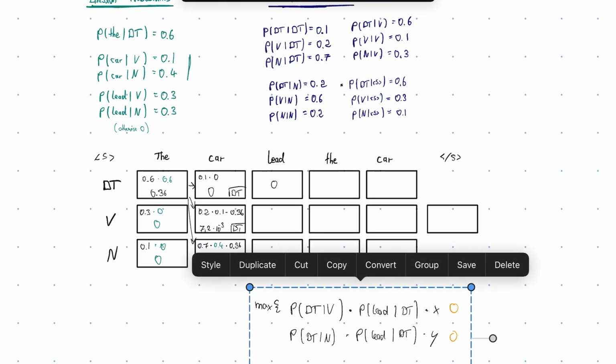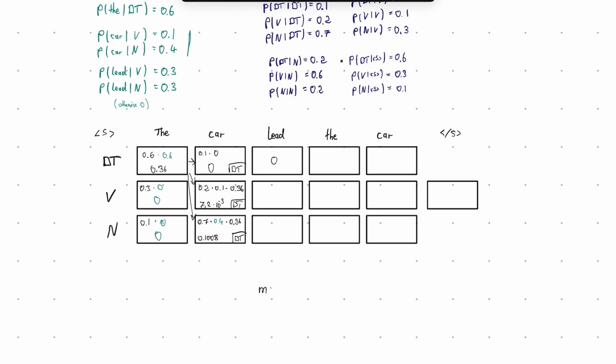Next up, we check the scenarios for being in the verb state. We could come from the verb state, that would be verb given verb, and then we want to know the likelihood that we emit lead in verb, and that we come from that path. The other option would be coming from the noun state, so verb given noun times the probability of lead in noun times the probability that we are in this path.